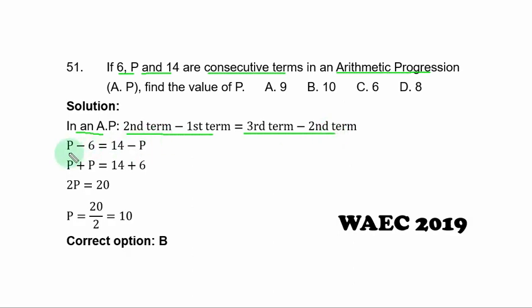Second term P minus first term 6 equals third term 14 minus second term P.